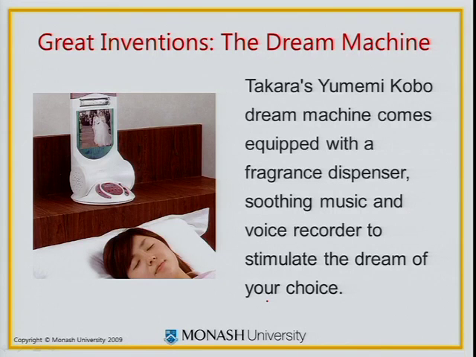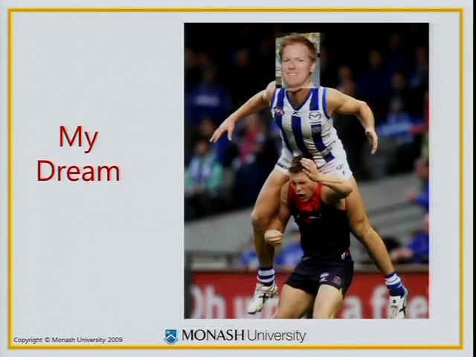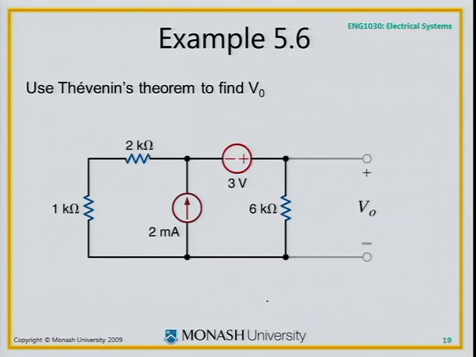You can put the fragrance of your favourite aftershave if you want to dream about a particular boy, or Rick Astley music if you want to dream about the 80s when you had something to offer the world, and so on. So I highly recommend this device. My dream, well, you can probably guess, is, given how the Kangaroos played on the weekend, I reckon I'm still a chance.